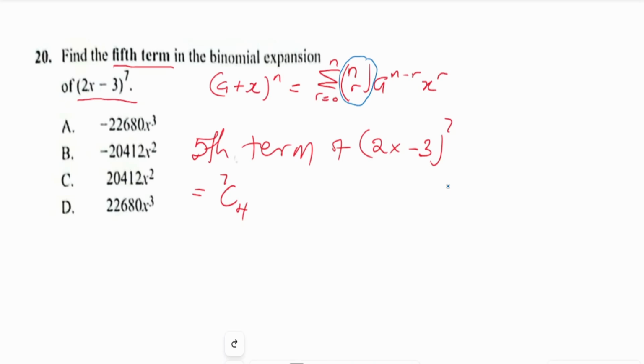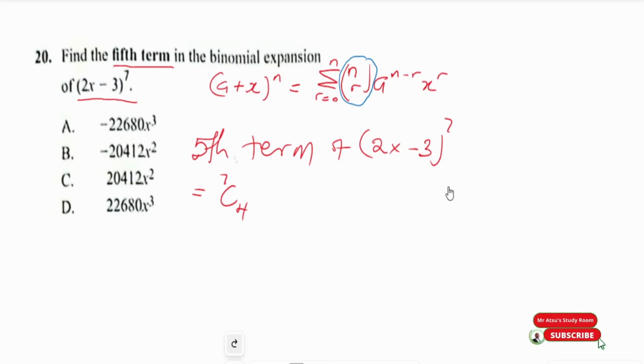Remember, we are solving for the fifth term, so 5 minus 1 is the 4 that we have under the C, the C for combination. If you are solving for the 7th term, this will be 6. If you are solving for the 9th term, this will be 8. That's how we got the 4.